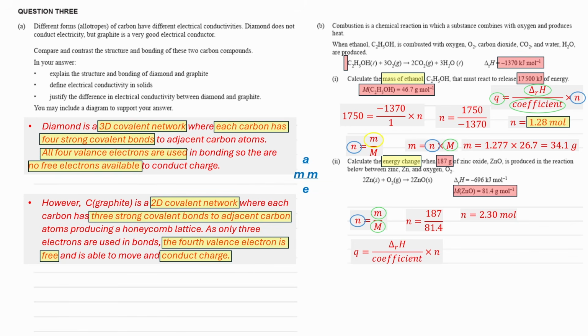Now in this case, in the other two cases we've had in this paper, we've had the coefficient of 1, but in this case, the coefficient is actually going to be 2. And ΔrH given to us, here it is, 696.